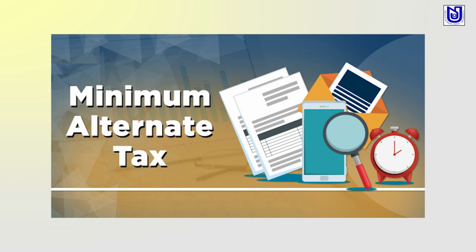To tackle this situation, a new section, Section 115JB of the Income Tax Act, was introduced a few years back. This section is to curb the practice of paying no tax to the government by availing, though legally, all the exemptions and deductions available under the Act.